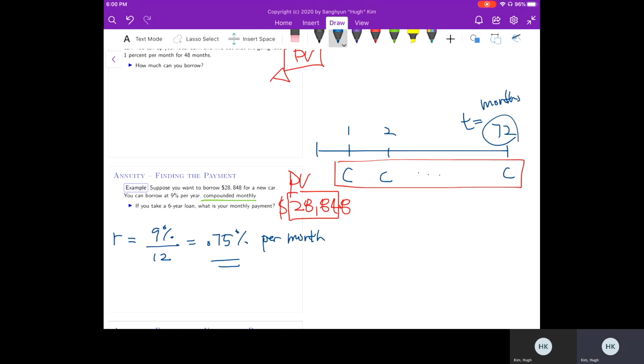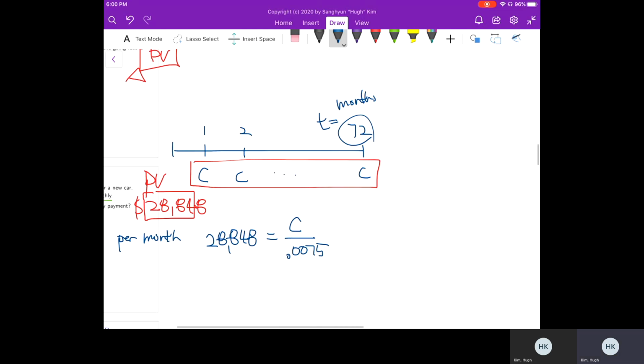So let's set up the equation. 28,848 is equal to monthly payment C over R, which is 0.0075, or 0.75%, times (1 minus 1 over (1 plus 0.0075) to the power of 72).